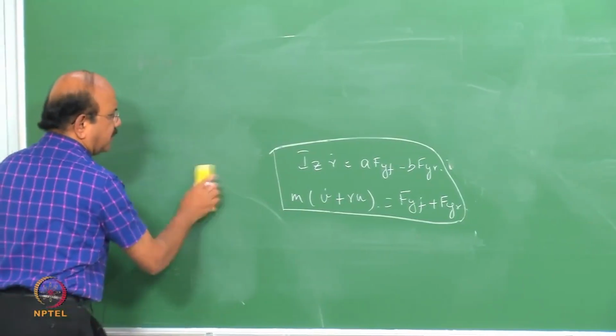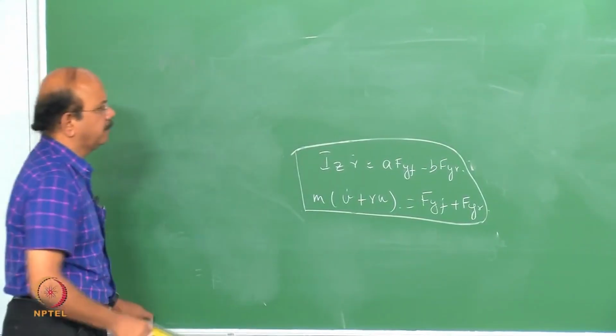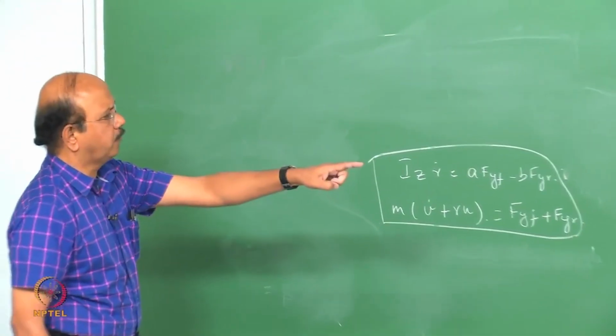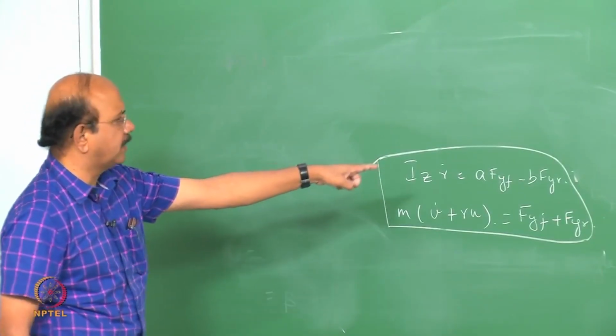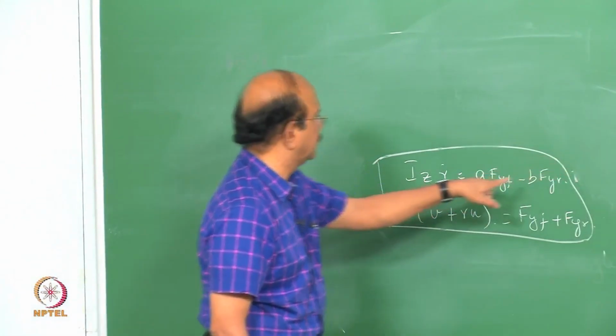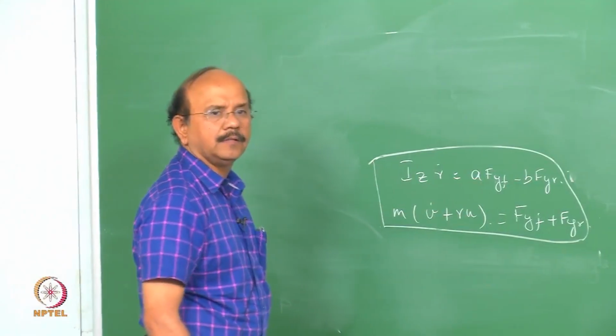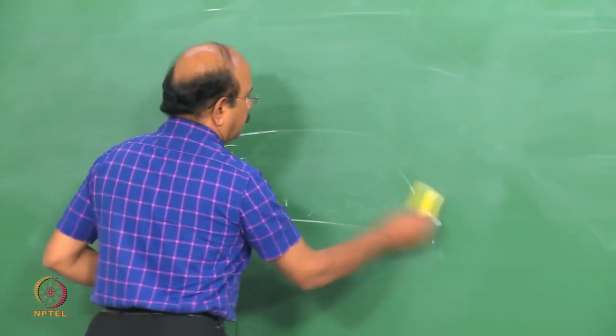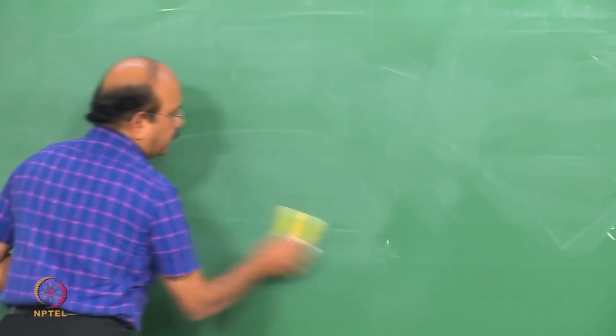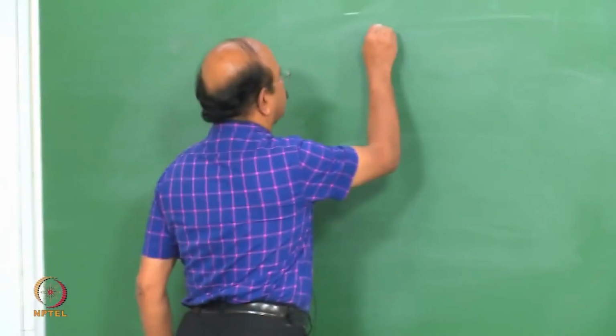The only thing is you have to be careful in the algebra. So the first expression now becomes Iz r dot is equal to Mz. That's the one, and that's the second expression. I leave a couple of steps to you to do it, in a form which is familiar to you.